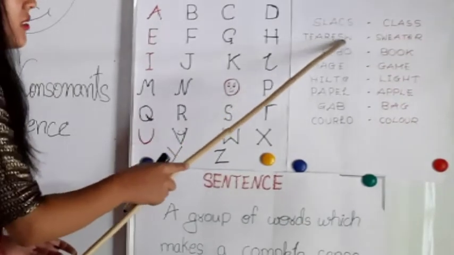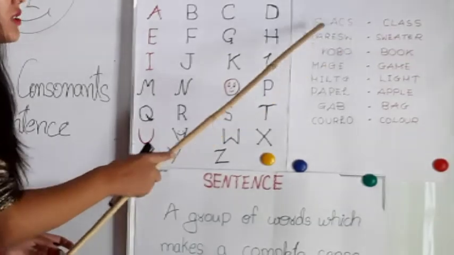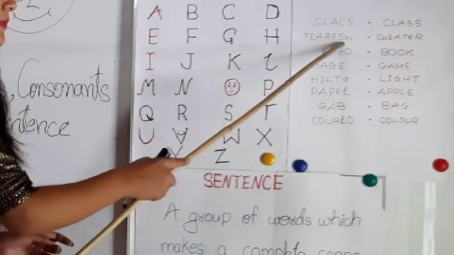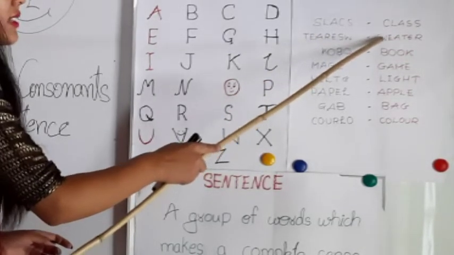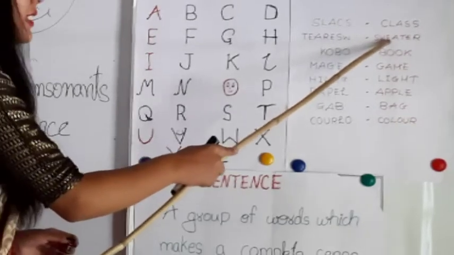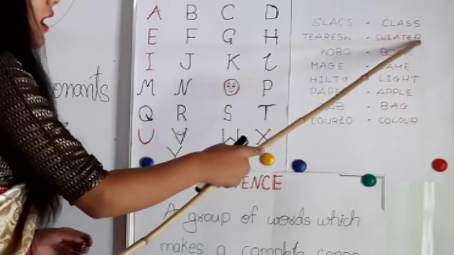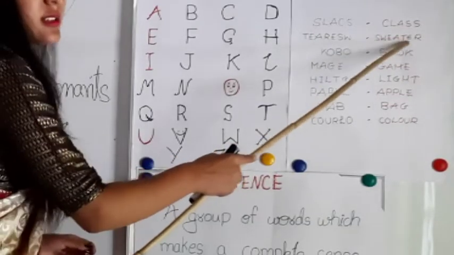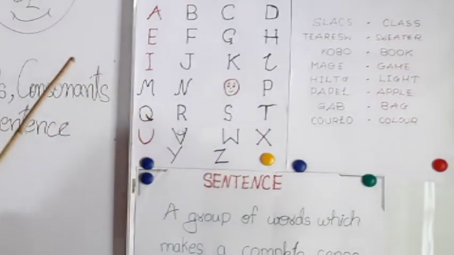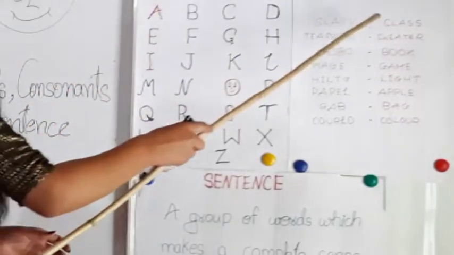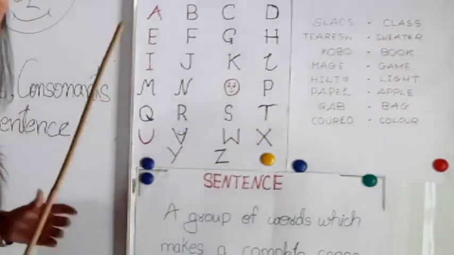So it is not a word. So let's correct it. S, W, E, A, T, E, R. Sweater. It gives complete meaning, so it is a word.